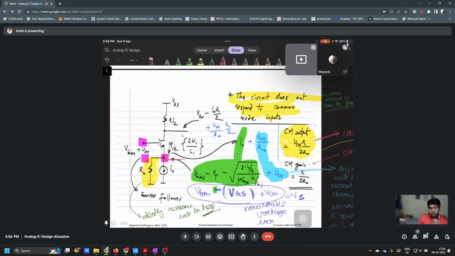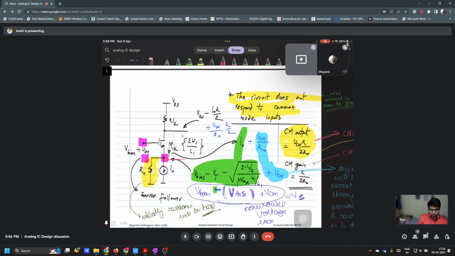It will follow it, but it will not be exactly VCM. There would be some mismatch, like the gain would be less than one. So there will be some variation; it will be a different value.